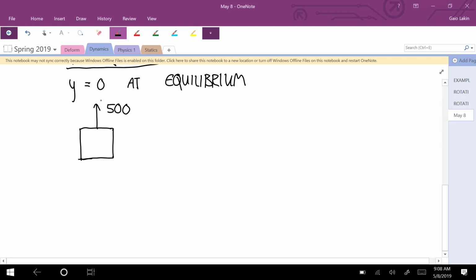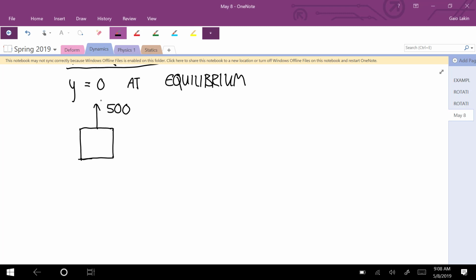Well, if you think about it, the mass is here when the spring is at its resting length, and the equilibrium position is here. The distance between the position at the resting length and the equilibrium position is, if we choose our y equals 0 at equilibrium, just stretched down an amount equal to that distance, right?